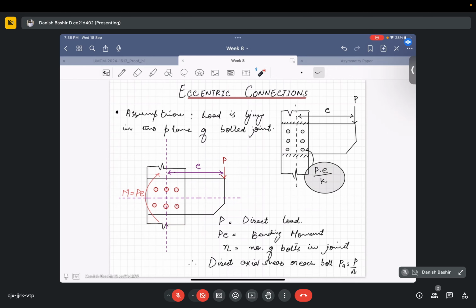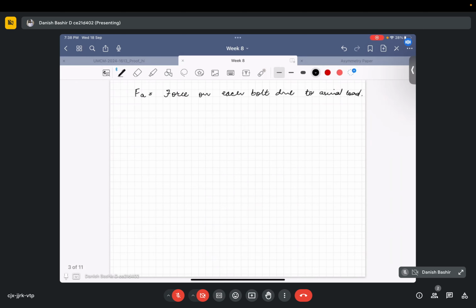Since there are six bolts in a circular shape, 1, 2, 3, and so on, we are having these six.